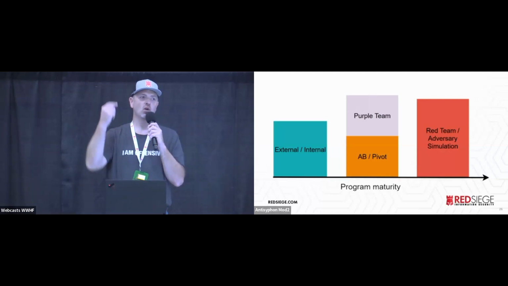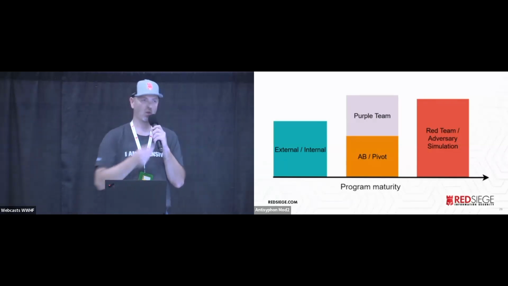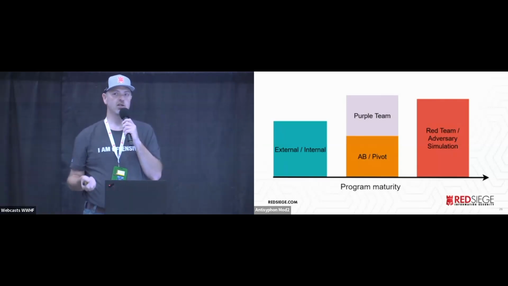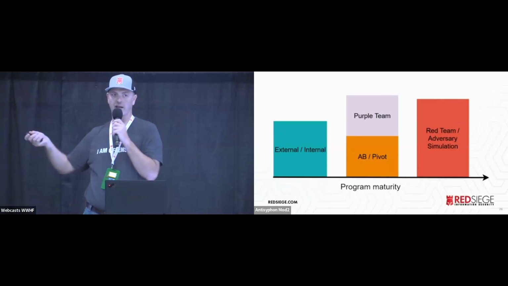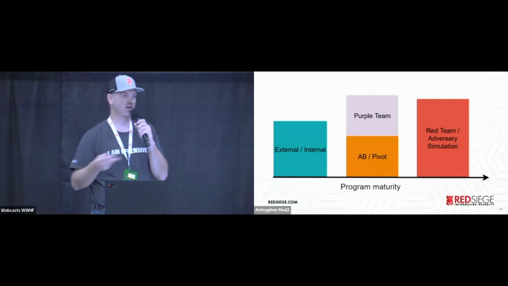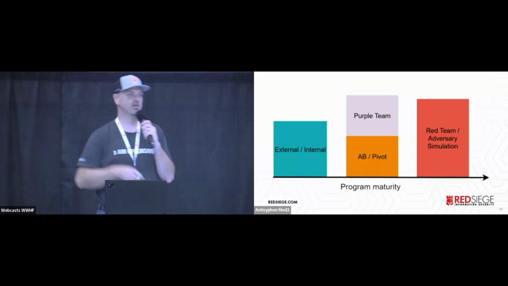But then they knew what to look for. And we had discussions about how you detect what we do and how you prevent what we do. Come back the next year, I'm getting punched in the face. Pretty quick turnaround. They got maturity. And they were able to move into this point where they can do a purple team or an assumed breach or a pivot test, as you sometimes hear them called.